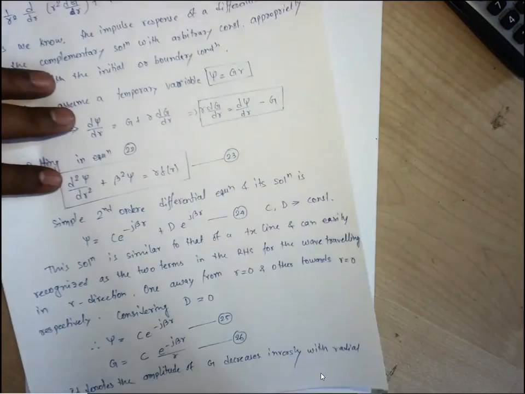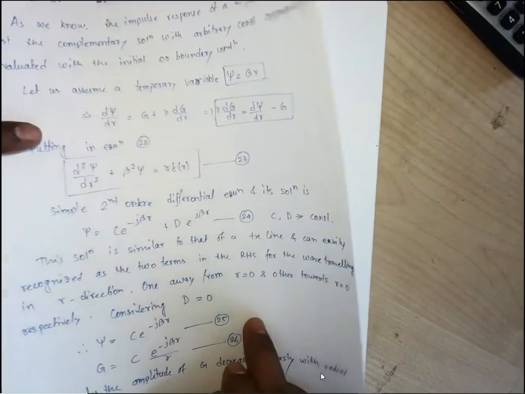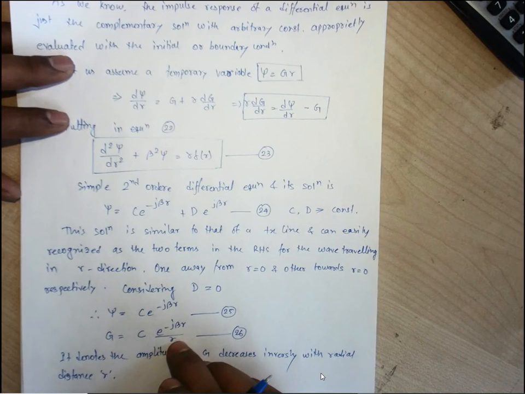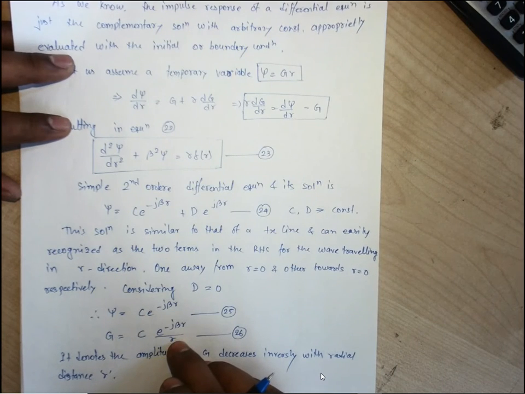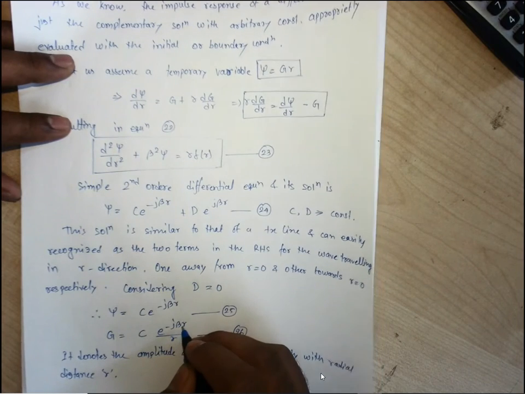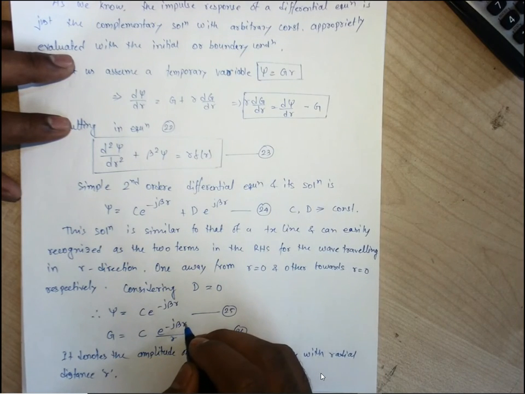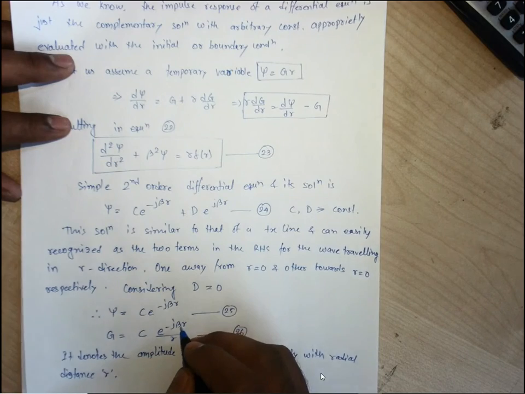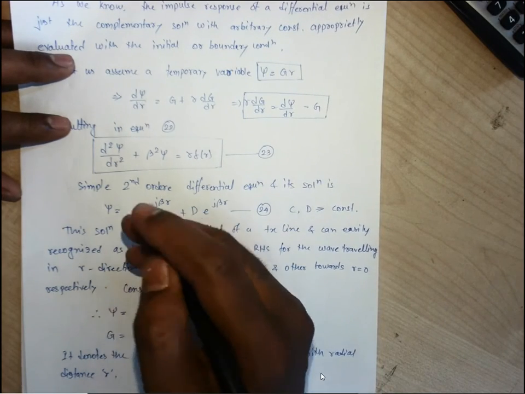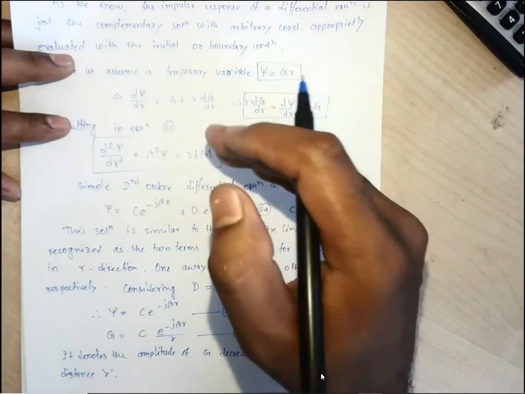So this equation 26, which is e to the power minus j beta r by r, denotes the constant phase surfaces, corresponding to r equals constant. If we consider different values of r, it will give a function that is exponentially increasing.